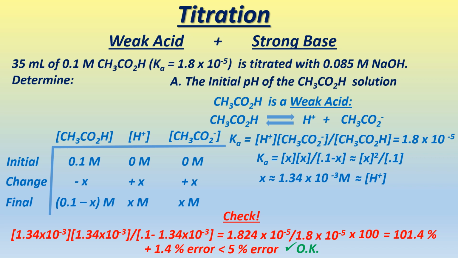However, that 1.4% error is within 5% acceptable experimental error. Therefore, my assumption is acceptable, and it is acceptable to say that X, the concentration of H+, is to a large degree of certainty equal to 1.34 times 10 to the minus third molar, which now gives an initial pH of the solution of 2.87.